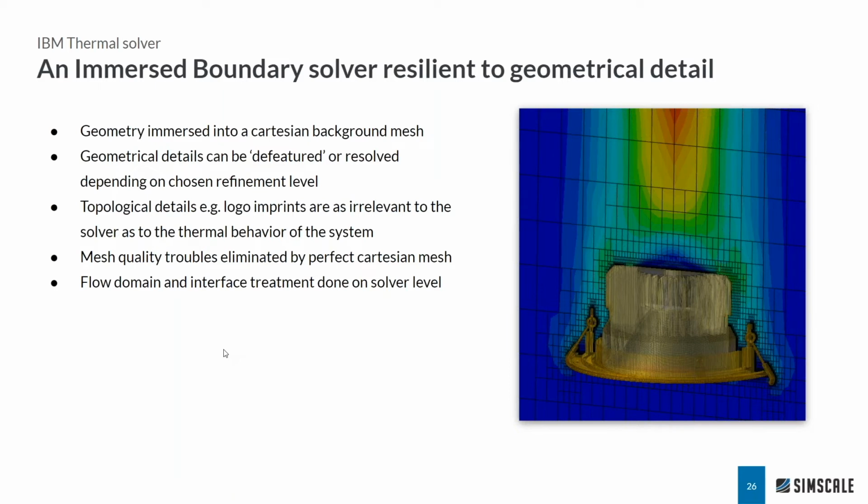So what we do is that we resolve these contacts between different parts on the mesh level instead of the CAD level. So all the geometrical details that you might not care about from the thermal management point of view can be automatically defeatured.